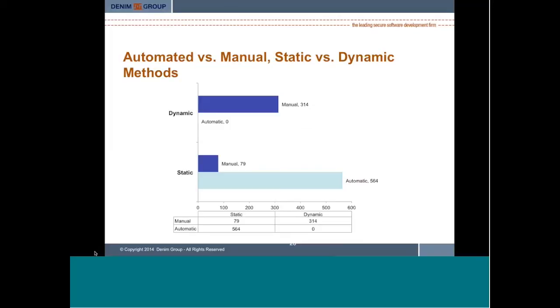We have some scripting stuff that we do to fuzz local applications. That didn't turn up a lot of vulnerabilities that made it into the study. And the automated analysis of web services, I think, is a lot less mature than automated analysis of web applications.